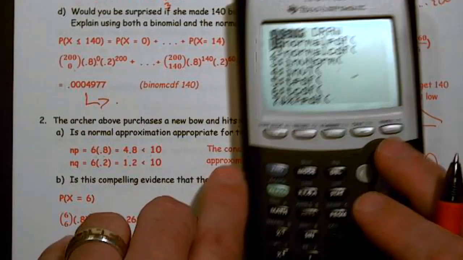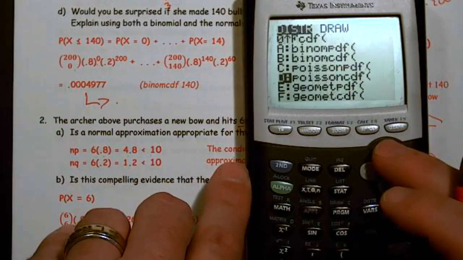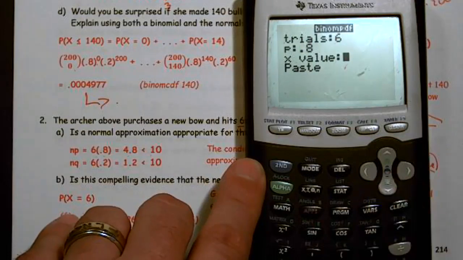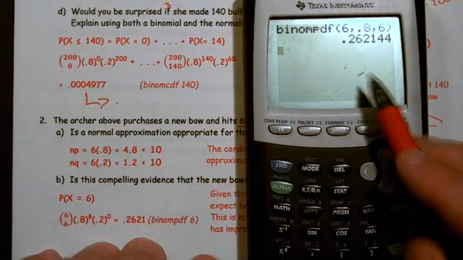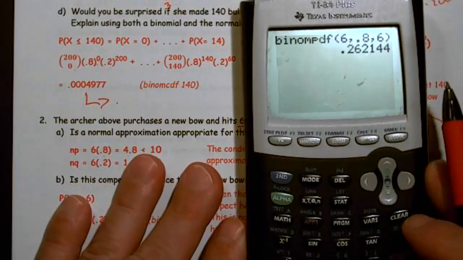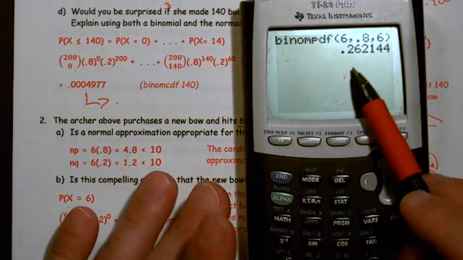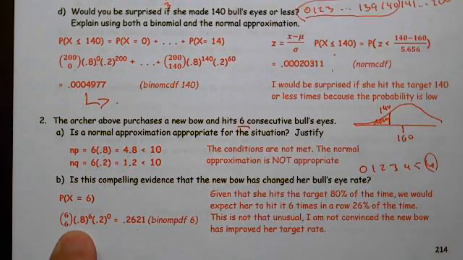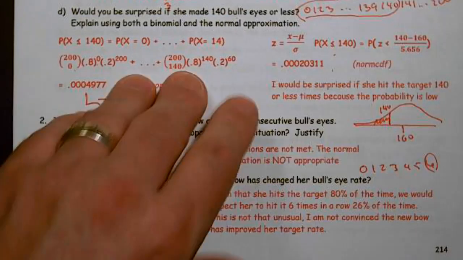The second bar's binomial pdf, 6 trials, probability of success 0.8, X value 6. It's like, you know what? If she hits the bullseye 80% of the time, 26% of the time you shoot it 6 times, you're going to hit it all 6 times. Not that rare. So I'm not convinced that the new bow has improved her rate.